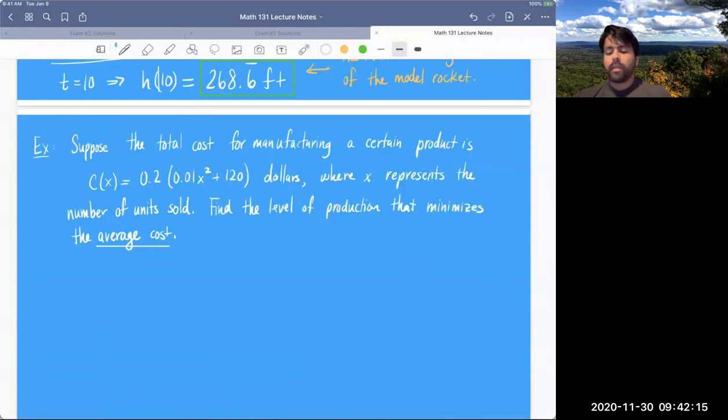So the first thing is, what is average cost? Do you guys remember? It's C bar, C with a little line above it. What's the formula for average cost?